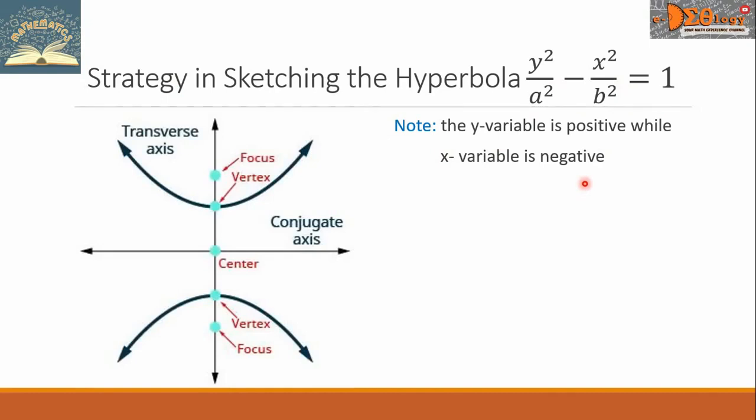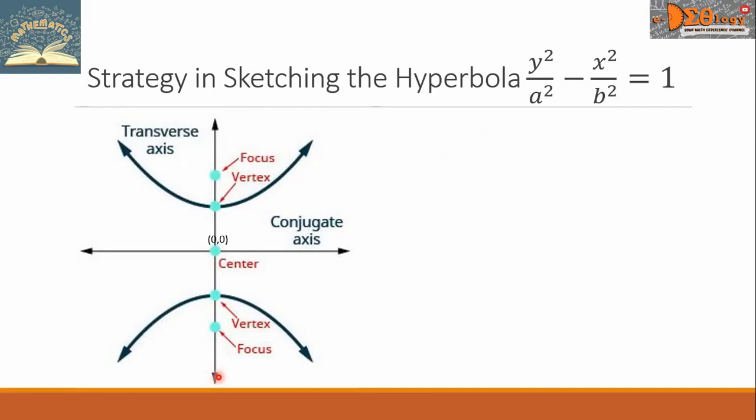The sketch will be a hyperbola with center at the origin and transverse axis on y-axis. The first step is to locate the vertices. The coordinates are 0, plus or minus a. We can get the value of a by taking the square root of the denominator of the y squared.